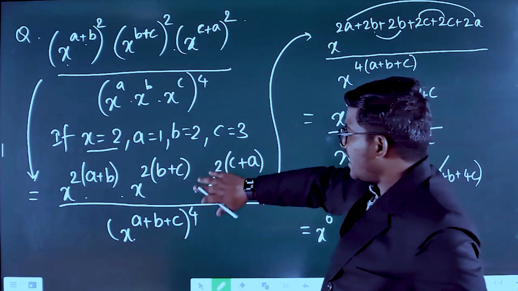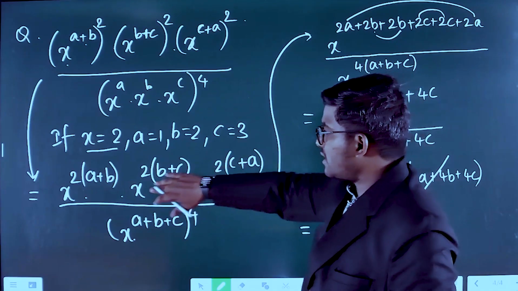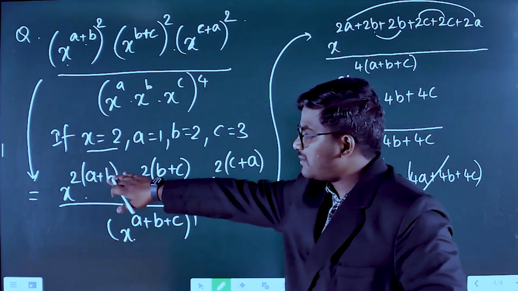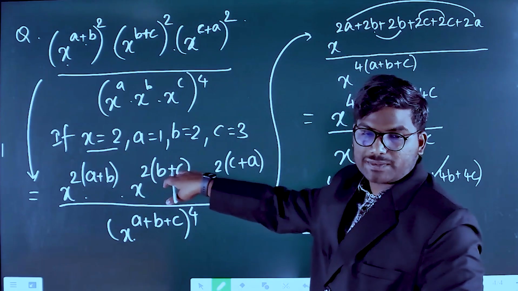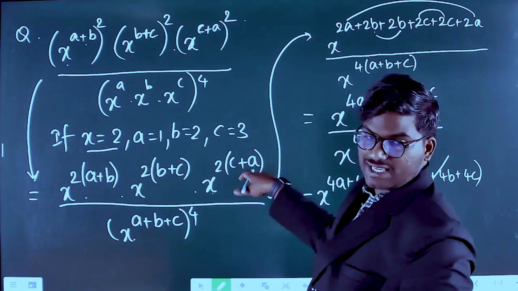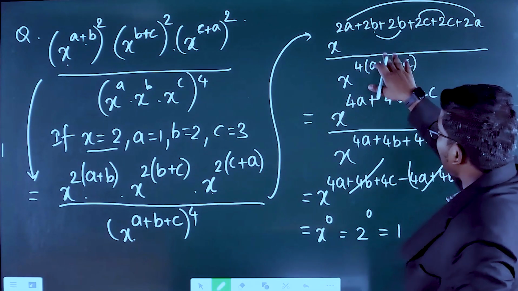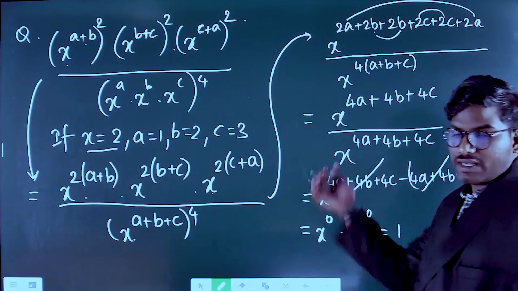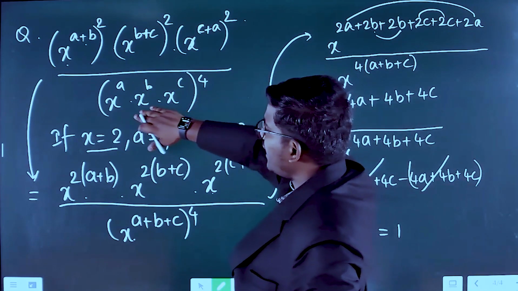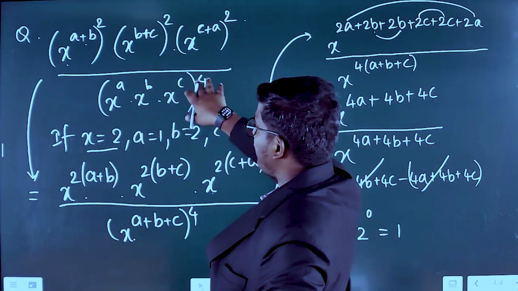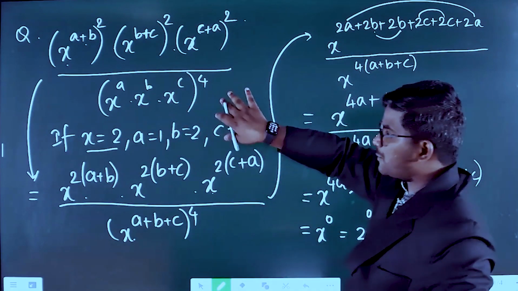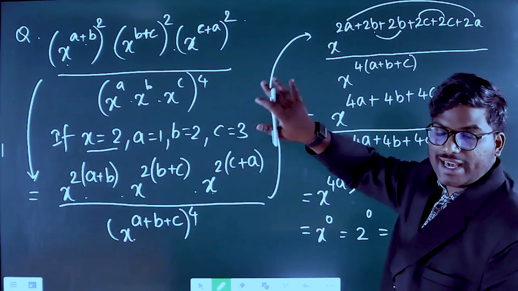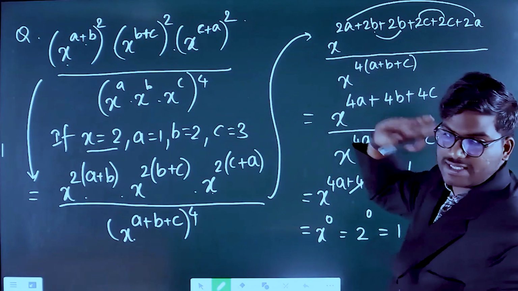Now this becomes x power 2 times (a plus b) plus 2 times (b plus c) plus 2 times (c plus a), and that went into the numerator. The denominator was x power (a plus b plus c) whole power 4, which is x power 4 times (a plus b plus c), right?